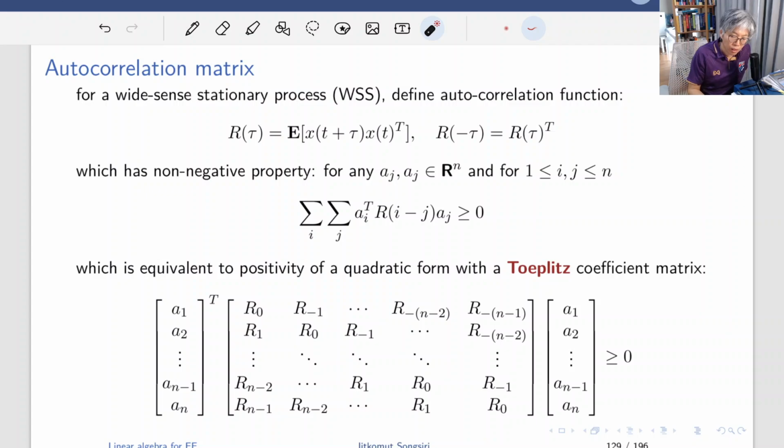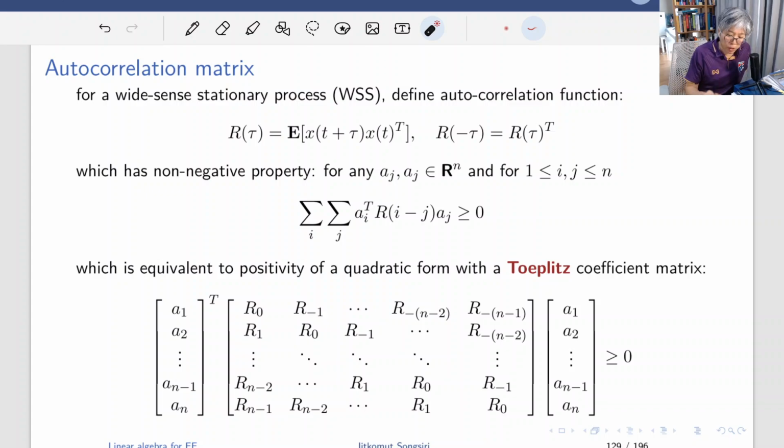This is called the autocorrelation function for a stationary process. The autocorrelation function has a lot of mathematical properties. One of them is that if you compute the quadratic form using the autocorrelation function as a coefficient, that quadratic function turns out to be non-negative always.